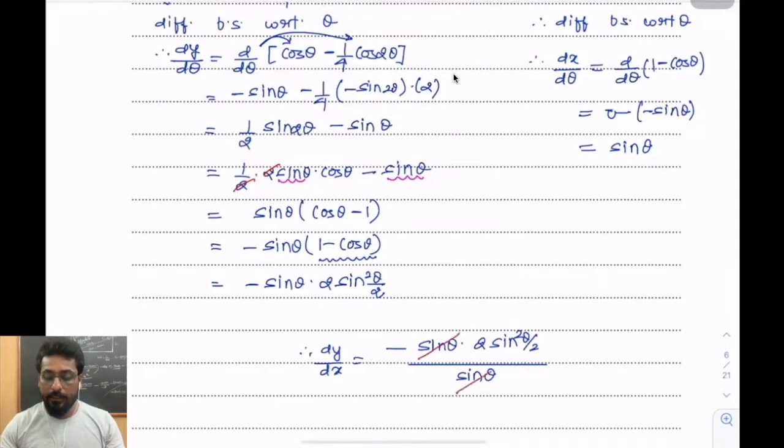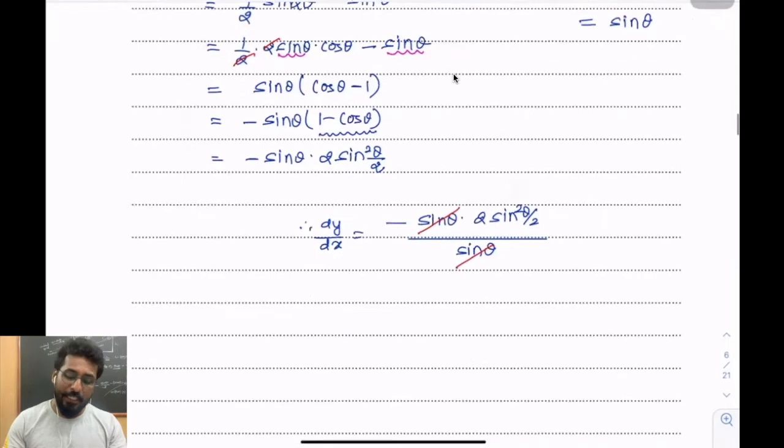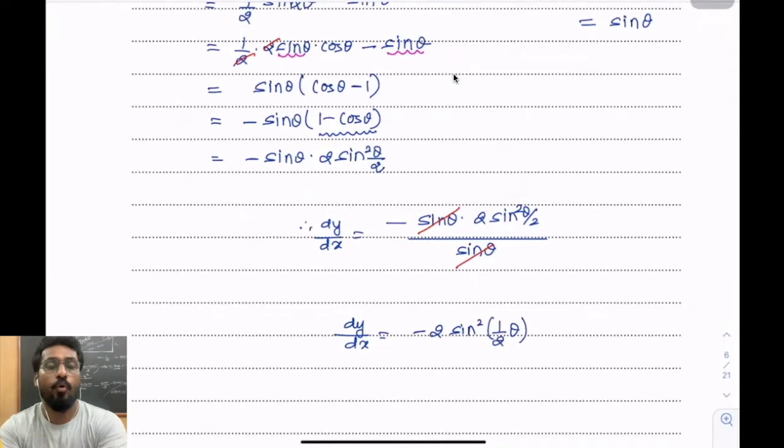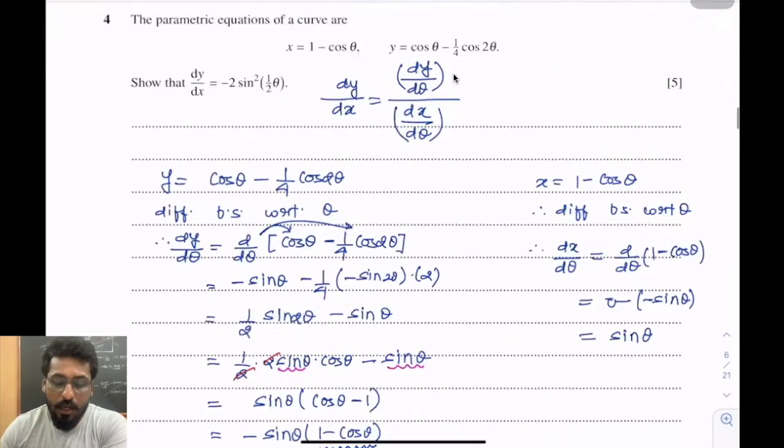Sine theta cancels, and you are left with what? Isn't that your answer? So dy upon dx is minus 2 sine square theta by 2, or you say half of theta. That's how you have fetched another 5 marks for this particular question. Right, students? Very simple question, isn't it?